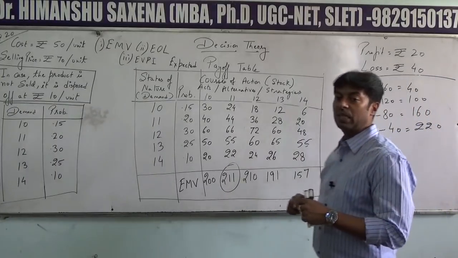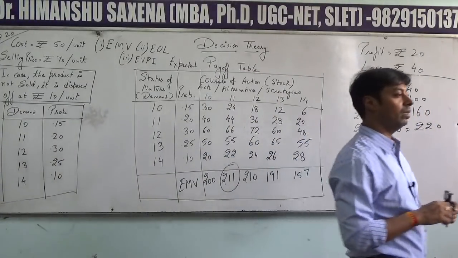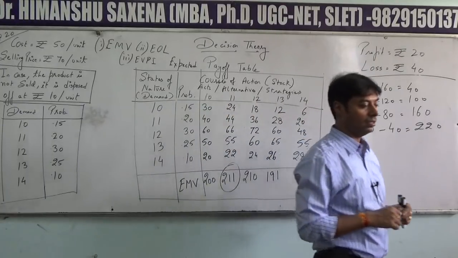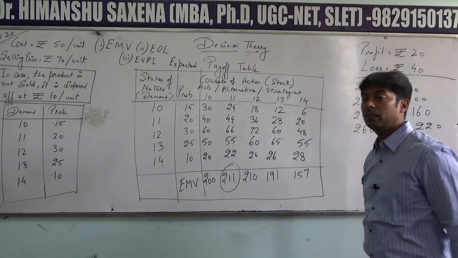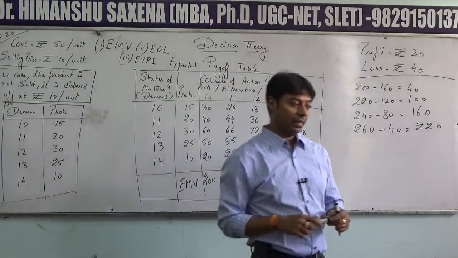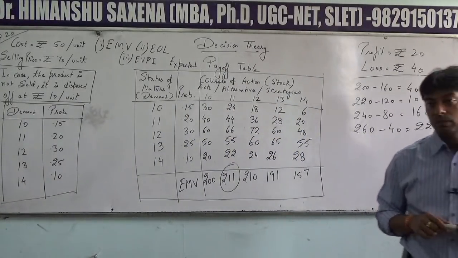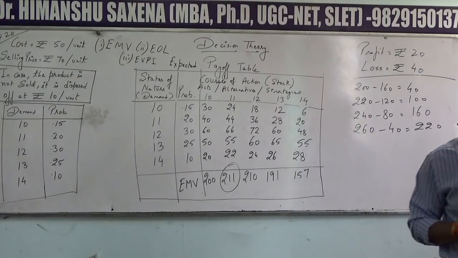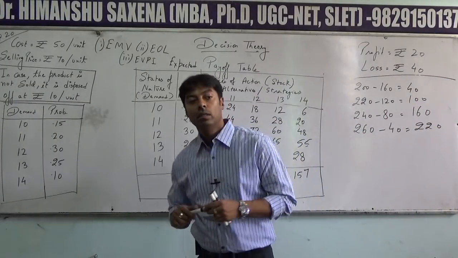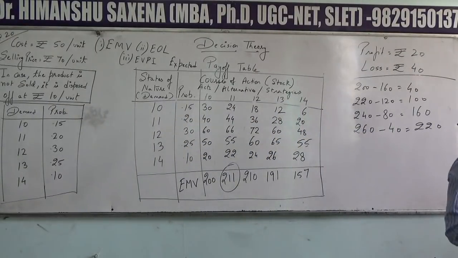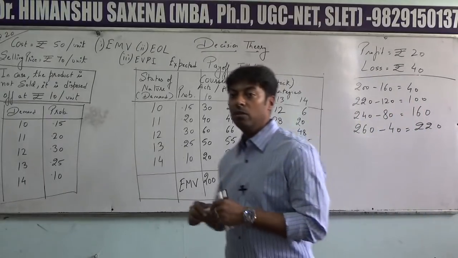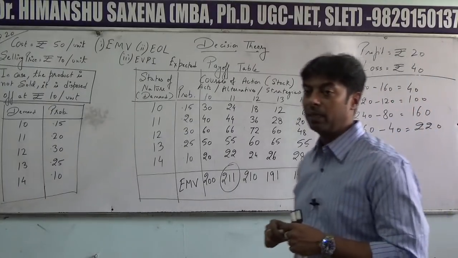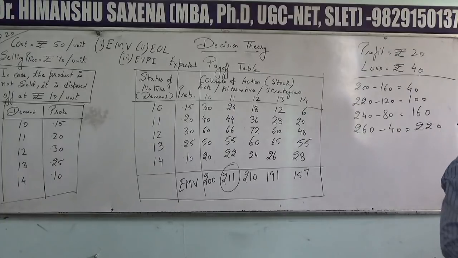Since the EMV, that is expected monetary value, is maximum in the 11th strategy, that is 211, therefore the decision maker should select the 11th strategy.